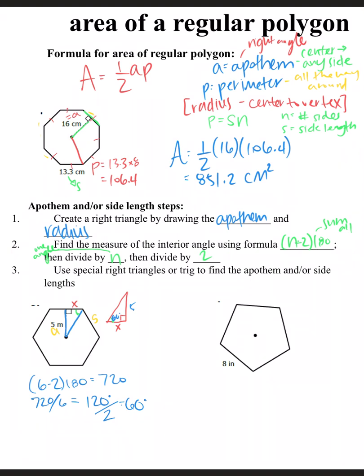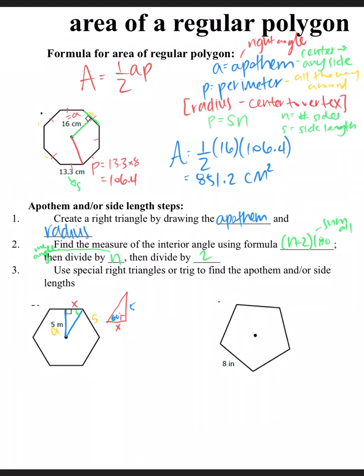So you could use special right triangles, because this would be a 30, 60, 90, or you can use your... what am I trying to say?